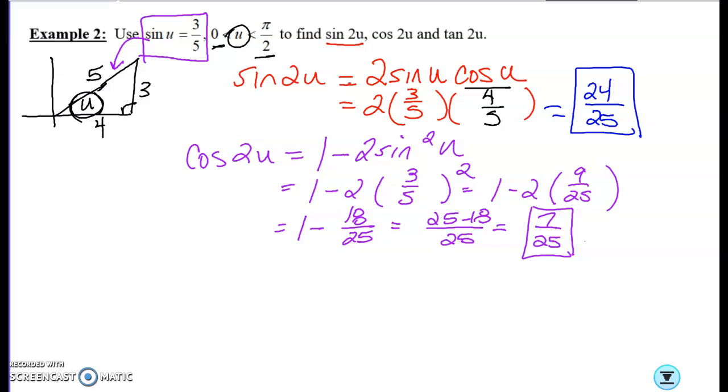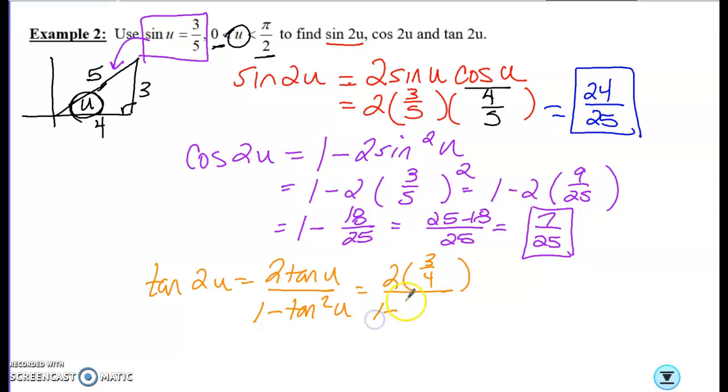The third problem, you have some options. You can, of course, use the formula, which the tangent of 2u, that formula is 2 tangent of u over 1 minus tangent squared of u. It should remind you of the angle sum and difference identity. The tangent we know from our triangle is 3/4. So I'm going to substitute 3/4 in for tangent.